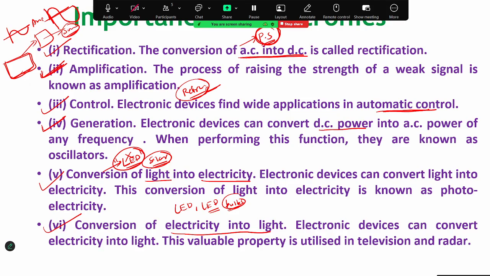Understood? So these are the different controls we are using. And in satellites also, we are sending the satellite to the orbit, or we are sending rovers to other planets to see whether water is available or not, to see the properties of that planet.